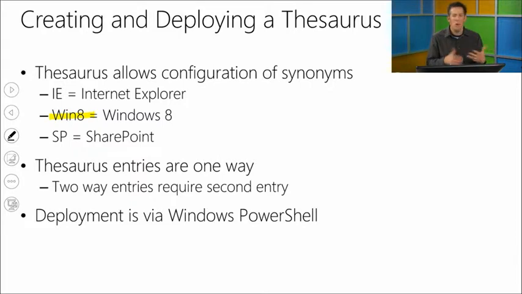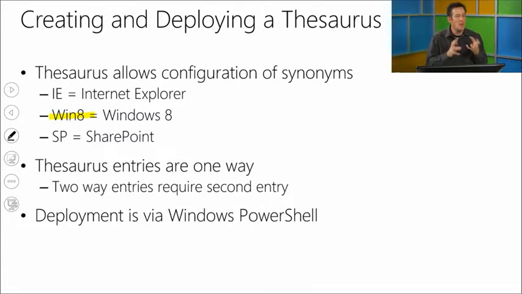Now you might be thinking, well, wait a minute, Christopher, what's the difference between that and, say, doing entity extraction? Well, number one, with entity extraction, this requires a full crawl because the items need to be modified during crawl time. My thesaurus is used at query time. The other big difference between our thesaurus and entity extraction is that entity extraction is going to change the index file.